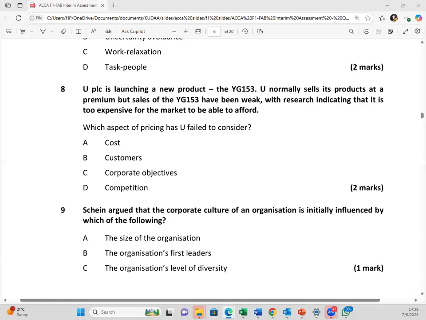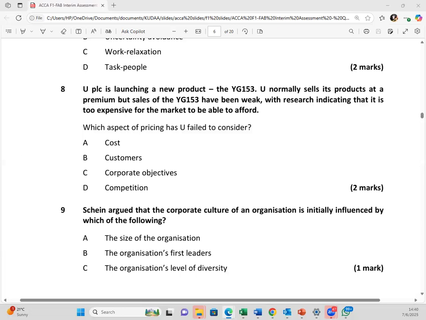Getting a B from Coletta. So culture can be influenced by, yes, the first leaders of the company. They are the ones that can determine the culture, the ones that started the organization.